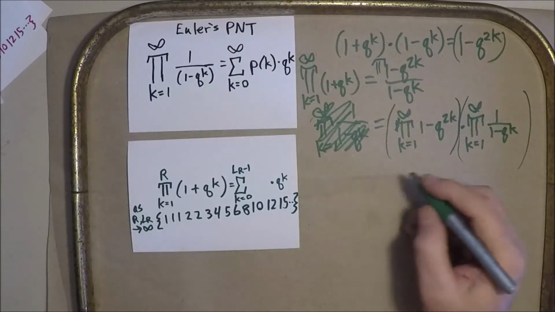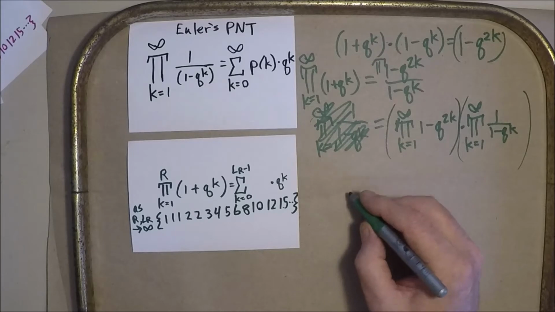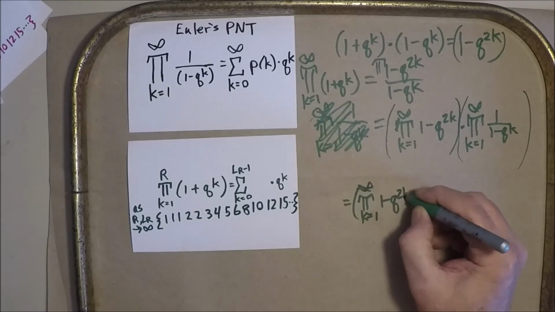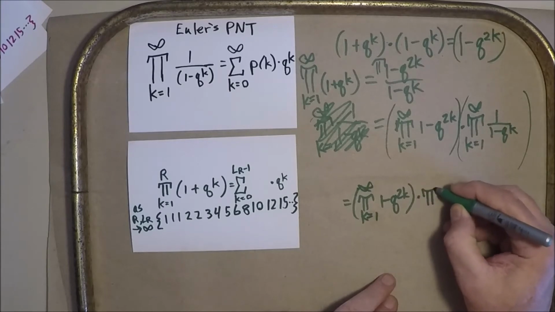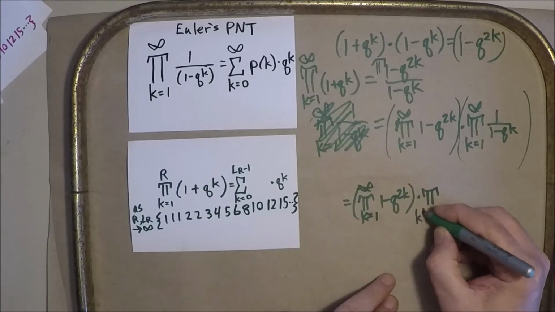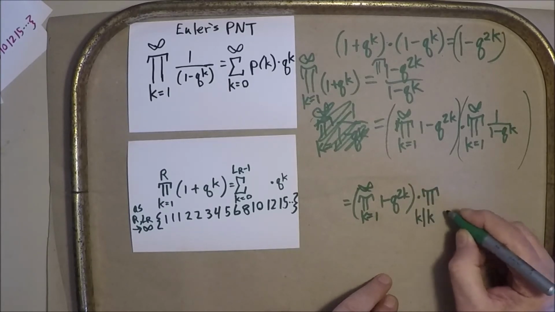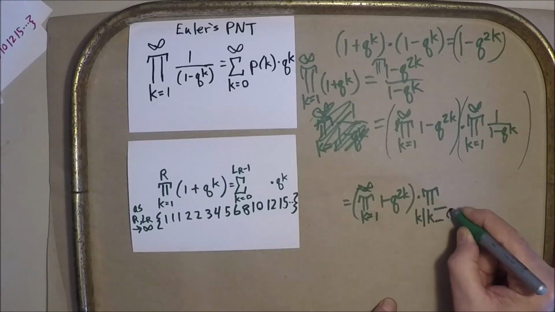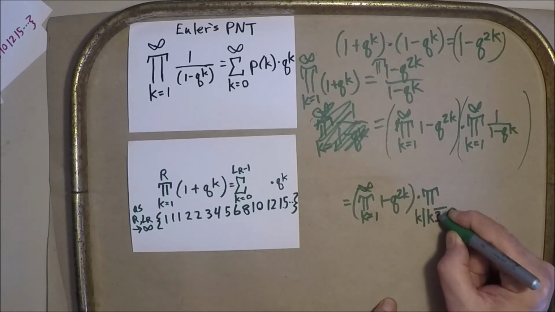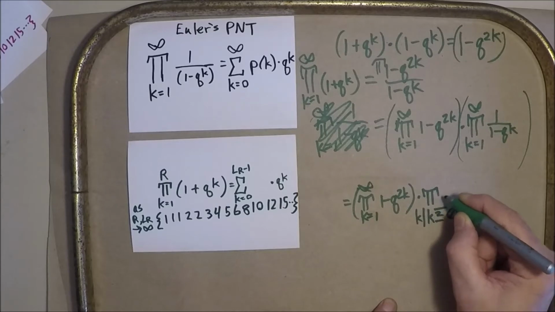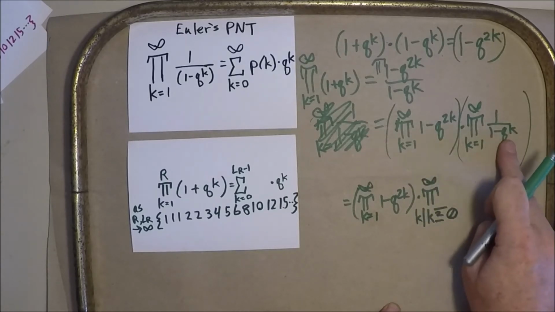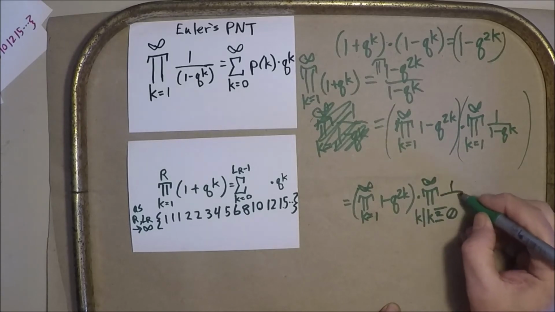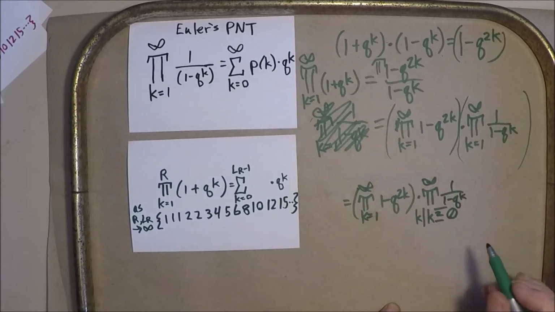So we end up with the product over k such that k is equivalent to 0 mod 2, aka the even natural numbers as we go to infinity, for now keeping this term the same, 1 over 1 minus q to the k.